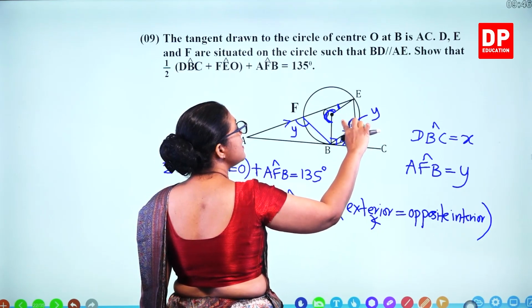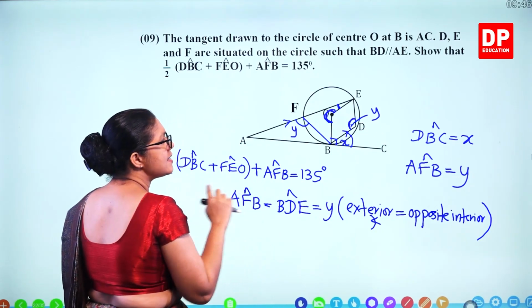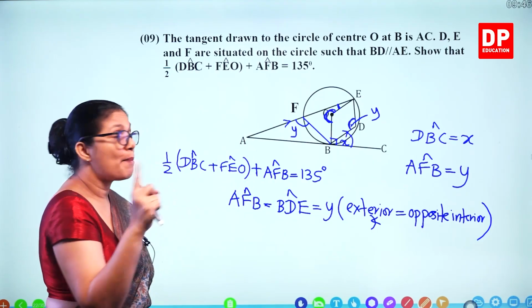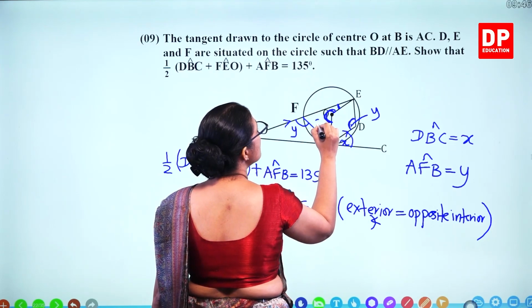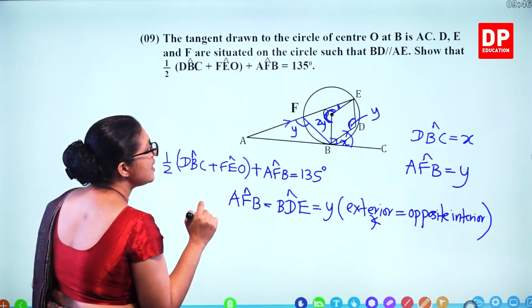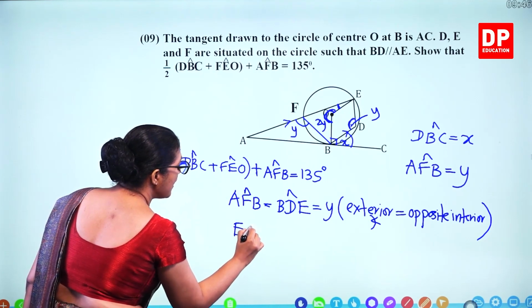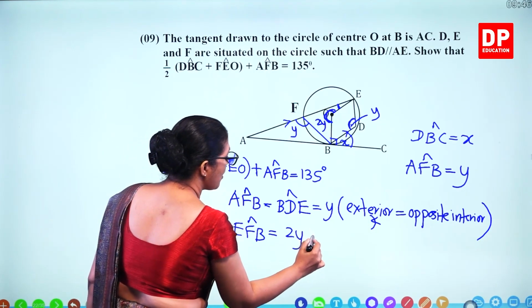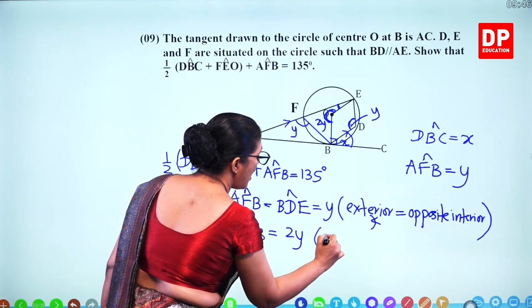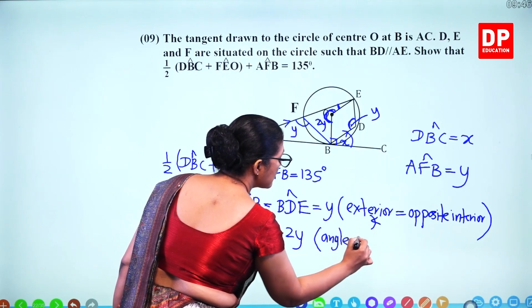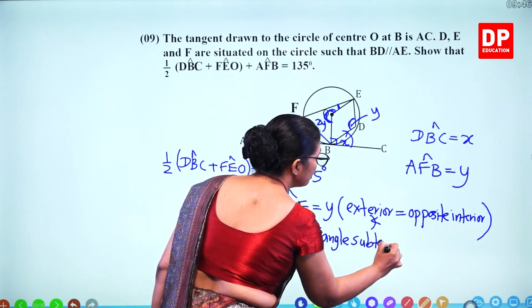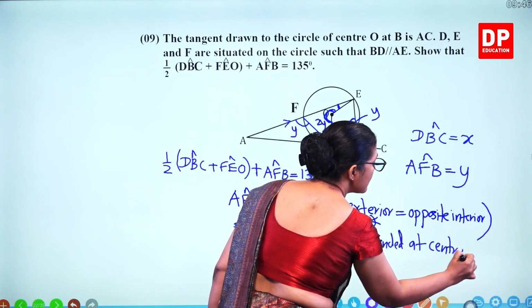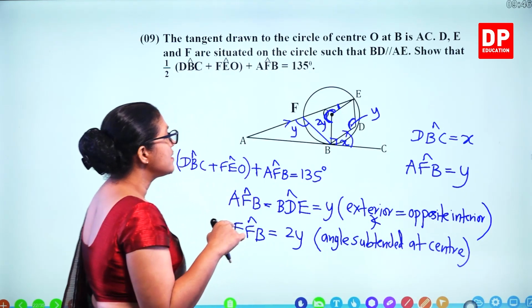So we can say this is the angle subtended at the center and this is the angle subtended on the circumference. So that's double. So if this is Y, this is 2Y. So we can write EFB angle is 2Y because angle subtended at the center is double the angle subtended on the circumference.